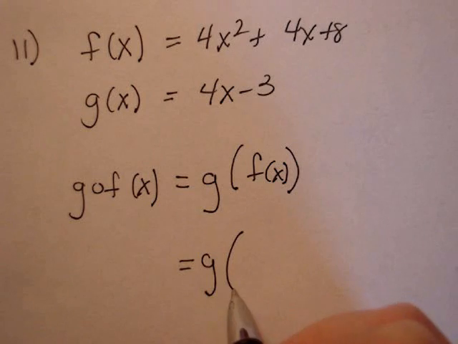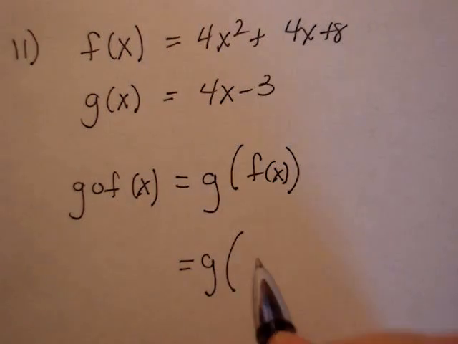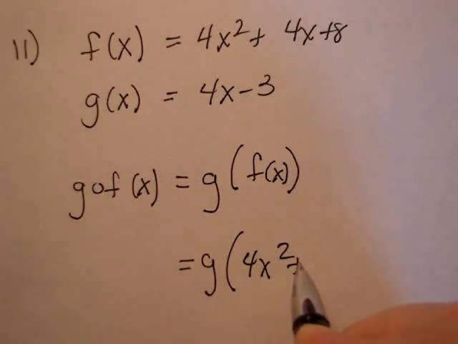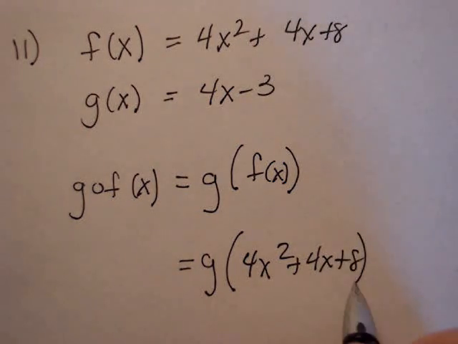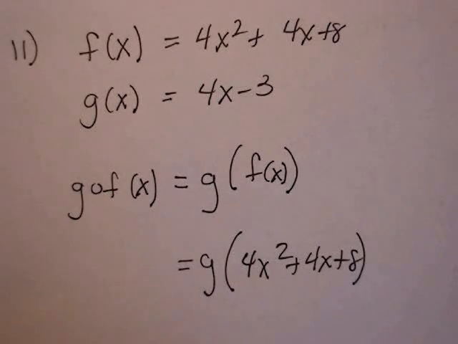This equals g of, what the heck is f? Let's see, f was 4x squared plus 4x plus 8. So I'm finding g of that polynomial. Now we use the fill-in-the-blank idea of functions.